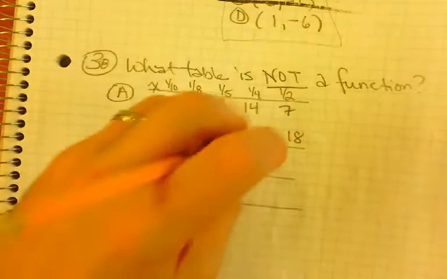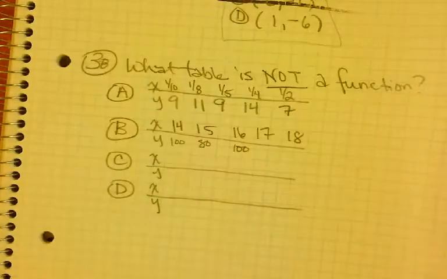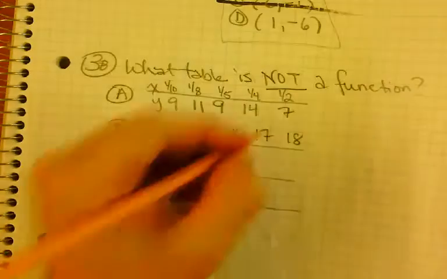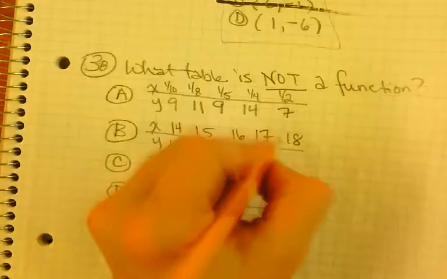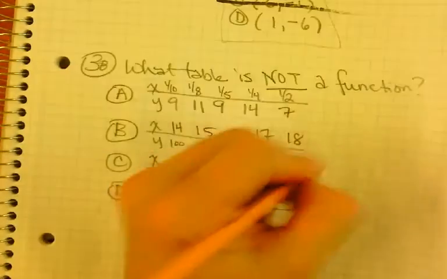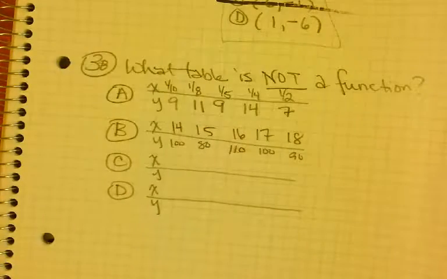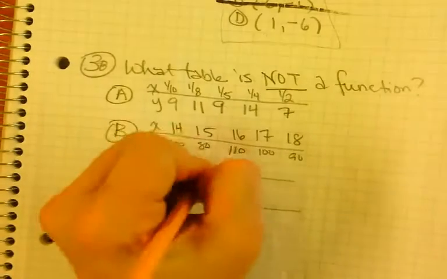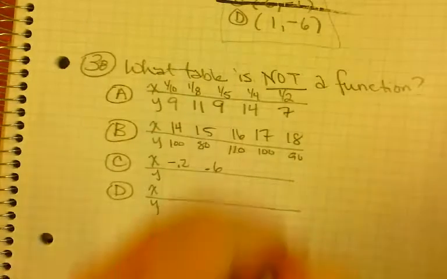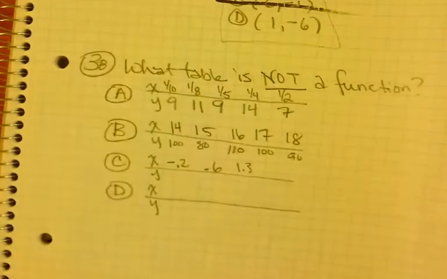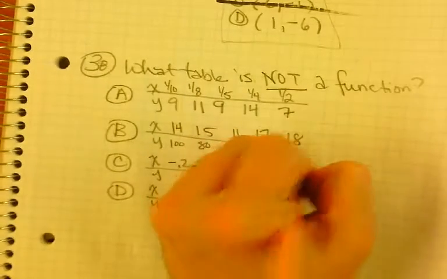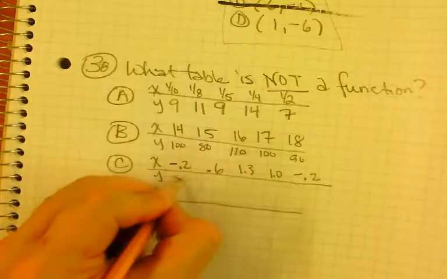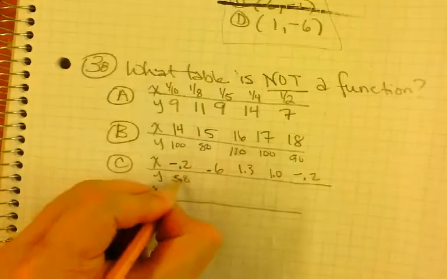Perdón. And then 90. All right, last two, also pretty quick. 0.2, 0.6, 1.3, 1.0, negative 0.2, 5.8.